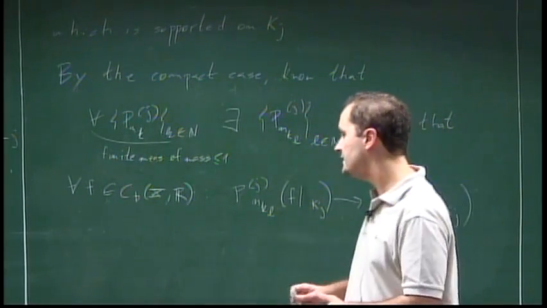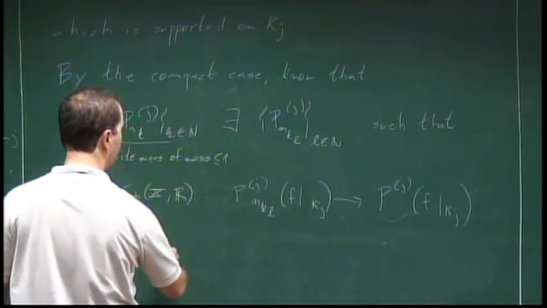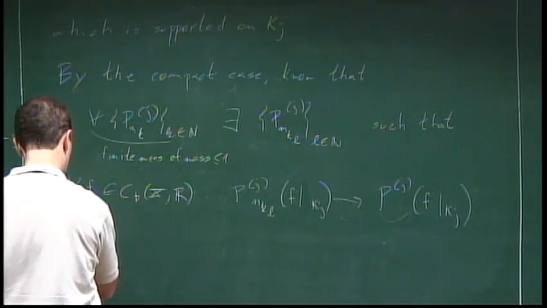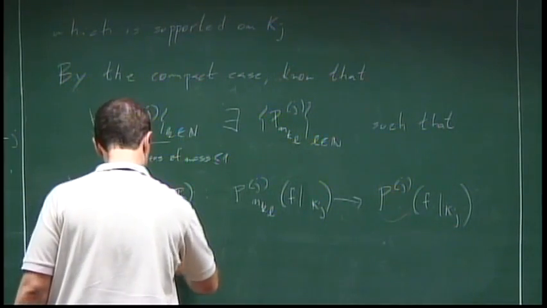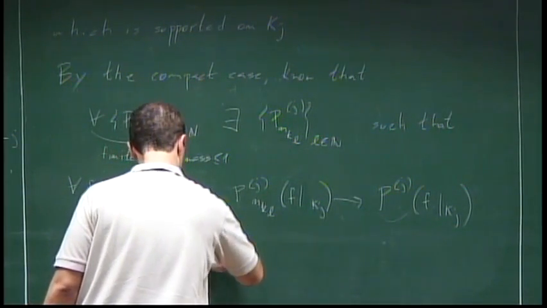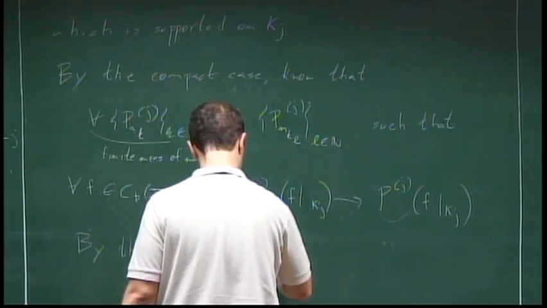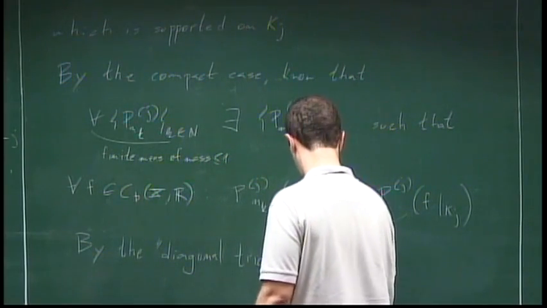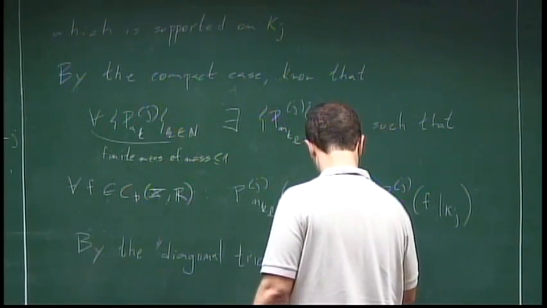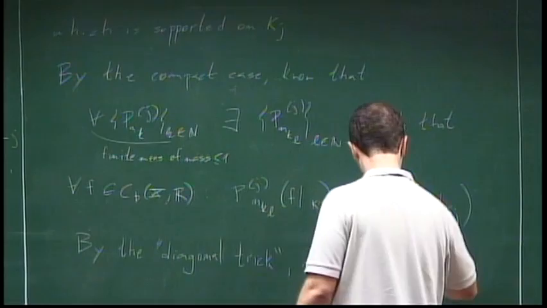Now, I want to say something which is, I'm going to say it and then try to explain it by the diagonal trick. We can extract the subsequence.